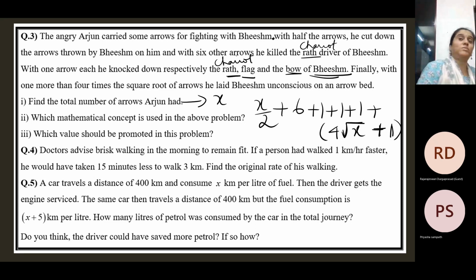Which value should be promoted in this problem? What value should be promoted in that problem? So actually, Bhishma is Arjun's grandfather.